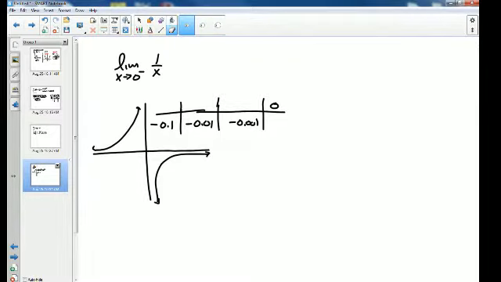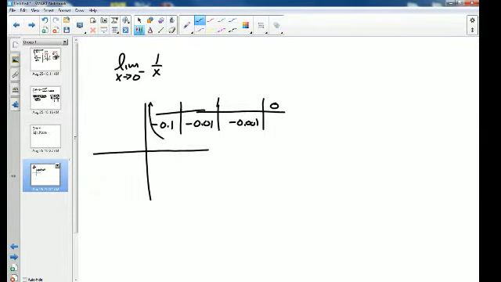These should be negatives. You could put a negative in front of the 1 over x and that graph would be correct. Okay, but you can see as you go, you get really big negative numbers here. So this would be like negative 1,000, negative 100, and negative 10. See how they accelerate really fast?